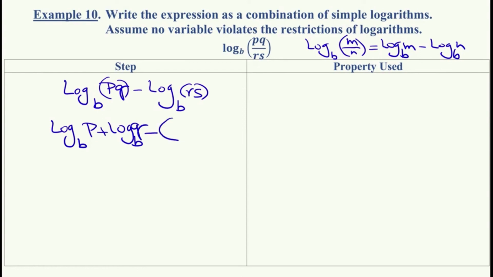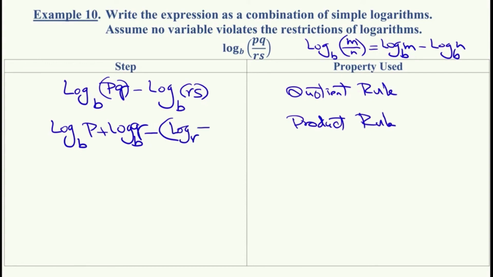So the first thing that we did was we applied the quotient rule. And now we're applying the product rule. So we get minus log base b of r plus log base b of s, all within parentheses.